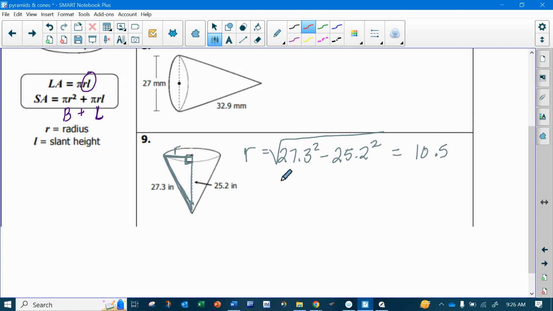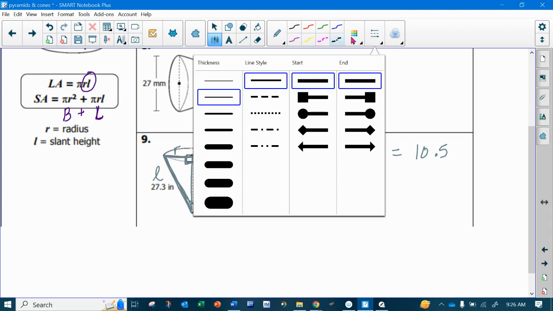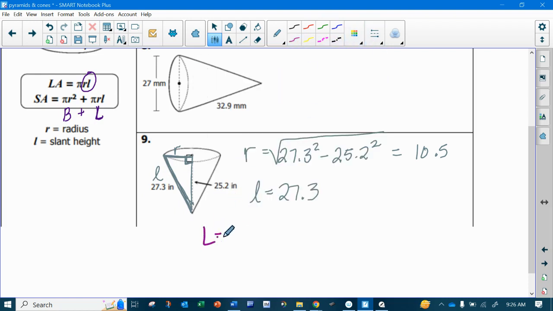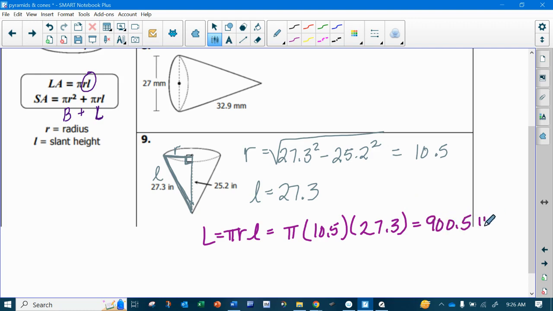So our radius is 10.5 and our slant height is 27.3. So I'm just going to plug these in now. Lateral is pi r L, pi times the radius times the slant height. Pi times 10.5 times 27.3 is 900.5, and that would be inches squared.